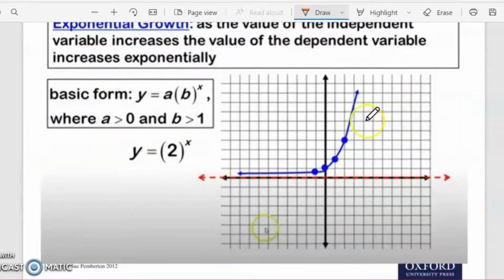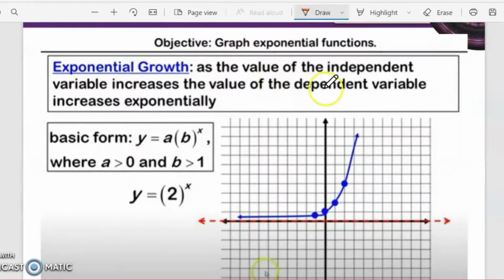Okay, so this is exponential growth. As the value of the independent variable increases, the value of the dependent variable increases exponentially. Exponent sudah akan increase dia bukan secara straight line macam tu. Bila dia sebut exponentially, inilah cara kenaikan dia.